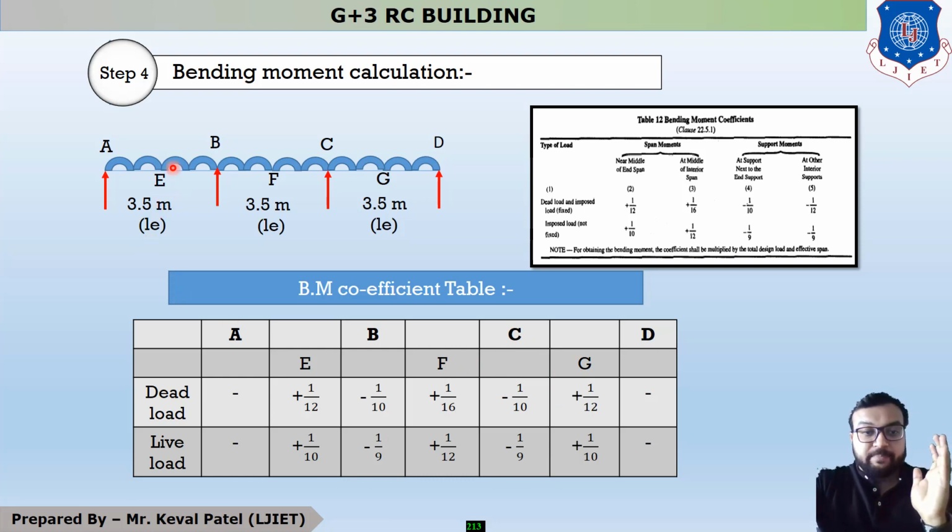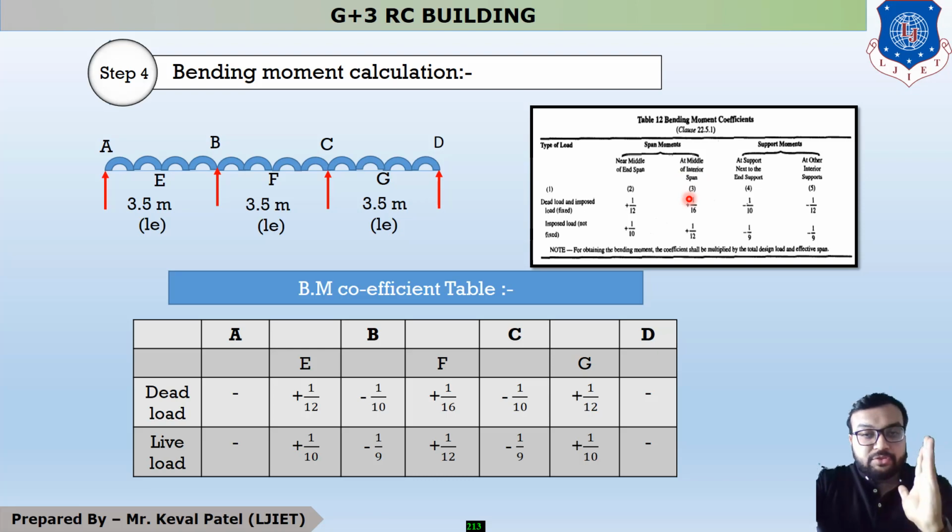Now E. E is your span. Okay. So you can see that this is written as span moment. In span moment there are two different cases. First one is near middle of end span and the second one is at middle of interior span.